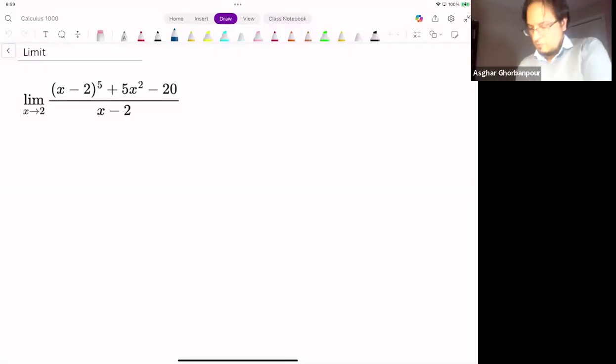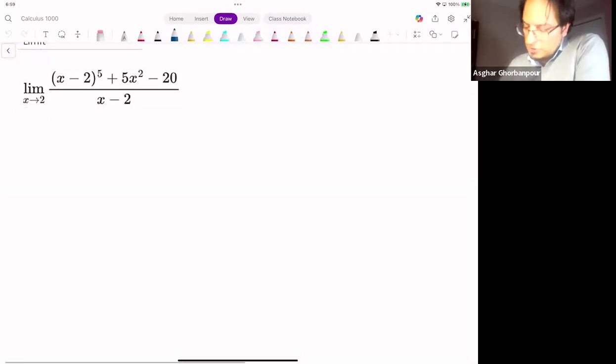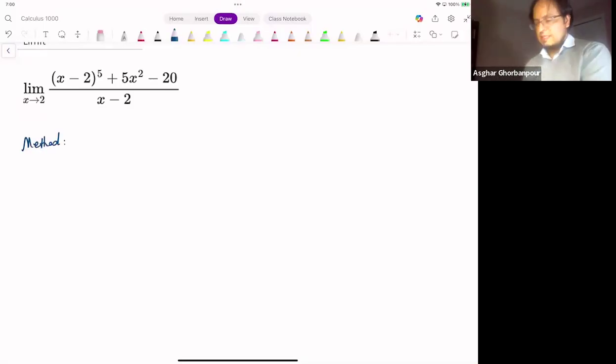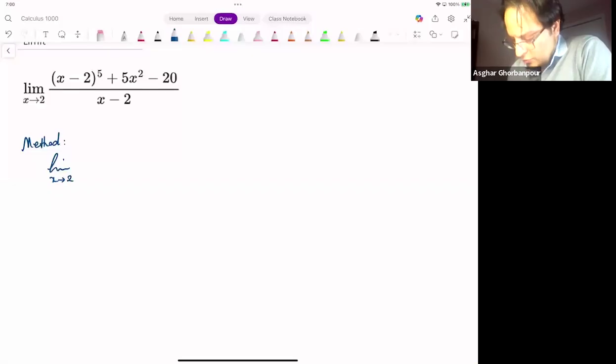Okay, so let's go back here. I'll solve this question actually in two ways. I'll go with method one. So the first thing here to note is that if I do the limit as x goes to 2 of the numerator, it is a polynomial.